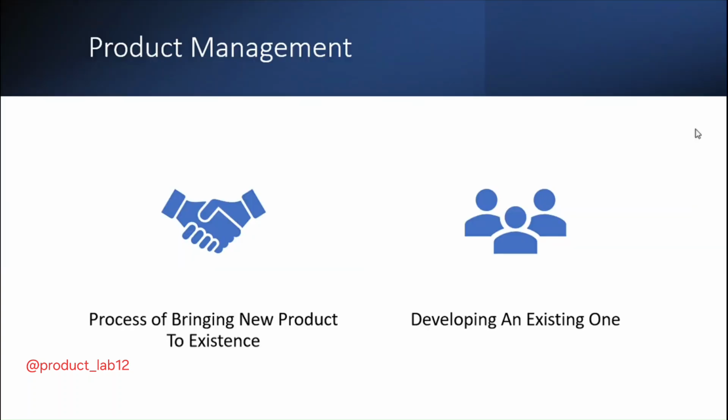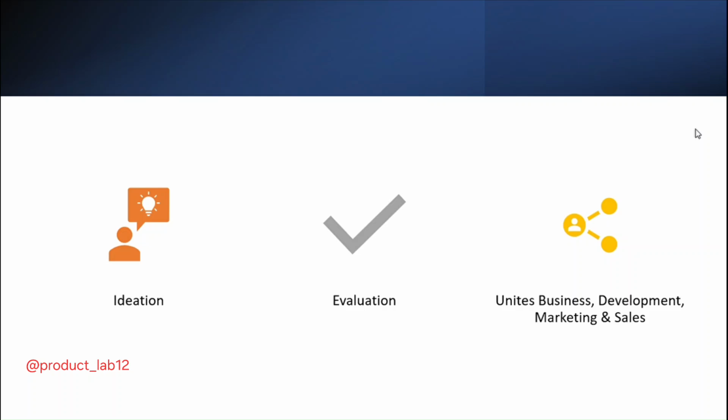Now, next is what is product management? As I told you in my first session, product management is the process of bringing a new product to market, or developing or enhancing an existing one. It begins with the ideation of a product that the customer will interact with, ends with the evaluation of the product's success, and unites business, product development, marketing, and sales.